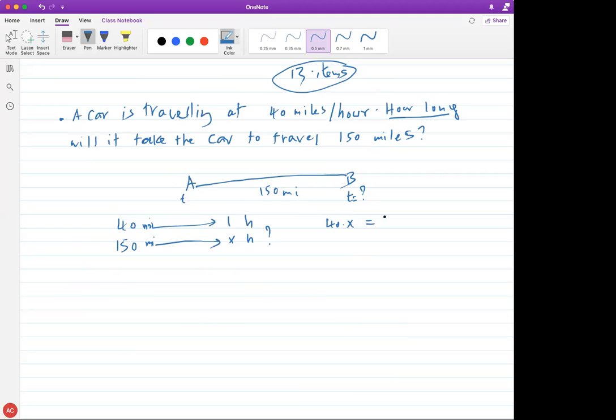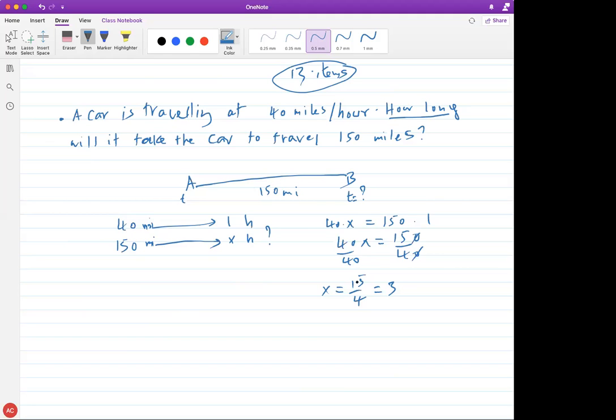Of course, 150 times 1 for hour. 40x is 150, so divide by 40. X will be, you can cancel the zeros out, 15 over 4. So you could say it's going to be 3, and the leftover is going to be 3 over 4.